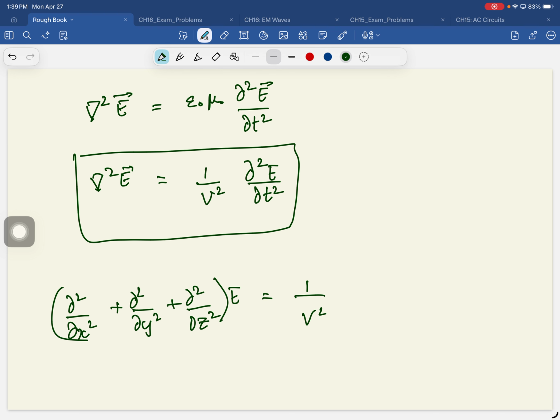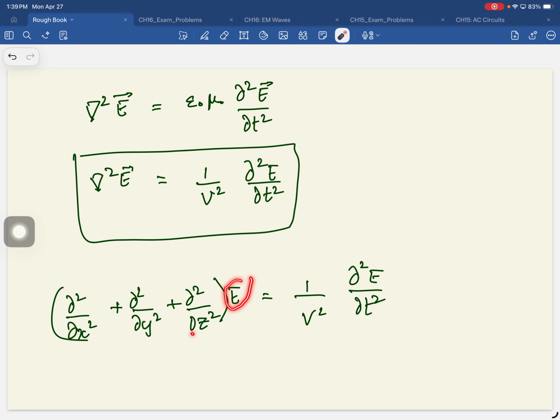You're always making simplified assumptions, so these two terms will drop off, because this doesn't depend on y and z. So what you have is del square E by del x square equal to 1 over v square del square E by del t square.